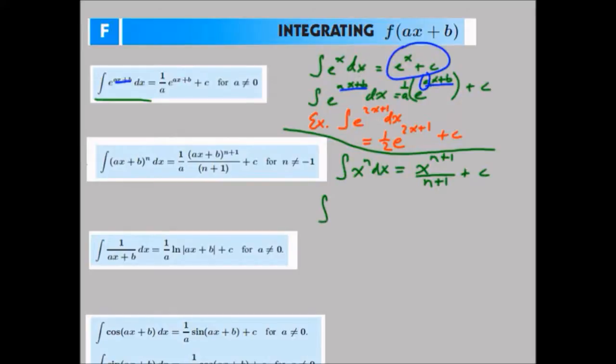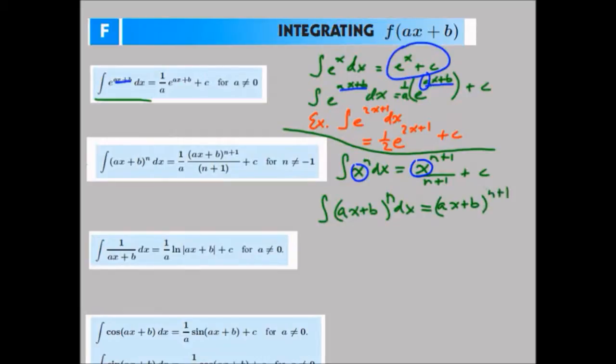So the integral of ax plus b to the power of n dx. It follows these same procedures as up here, except for multiplying by 1 over a. So instead of an x here, we have ax plus b.